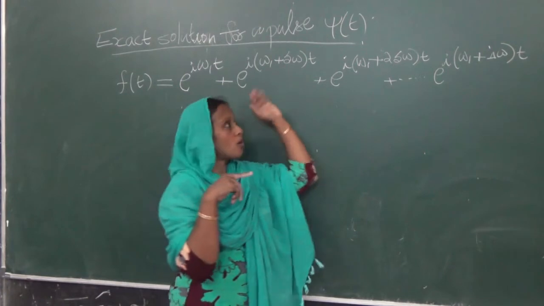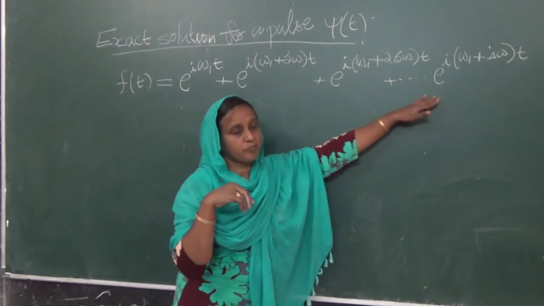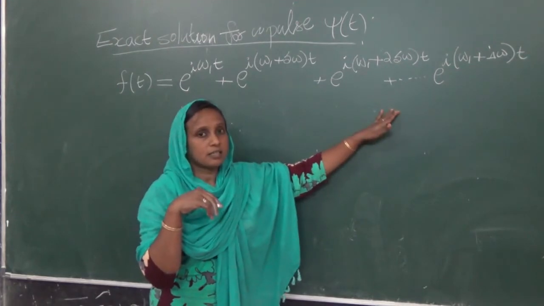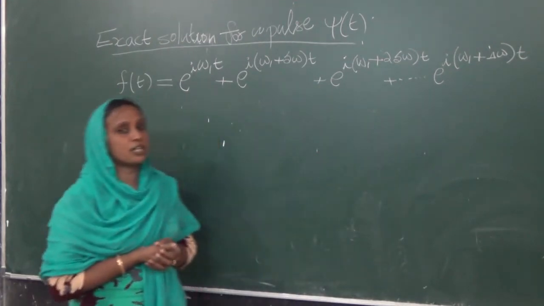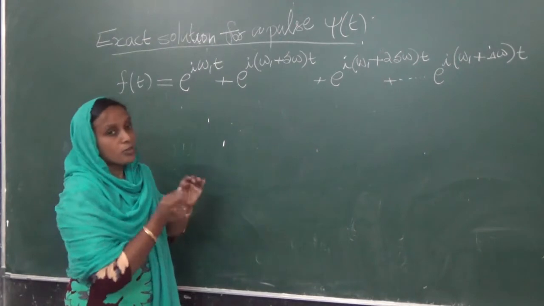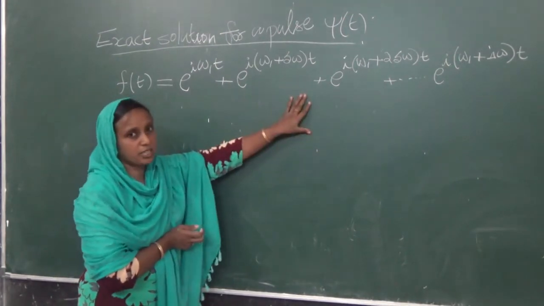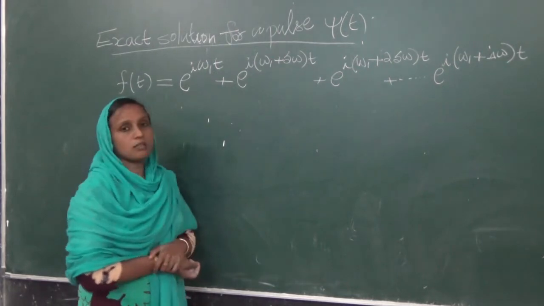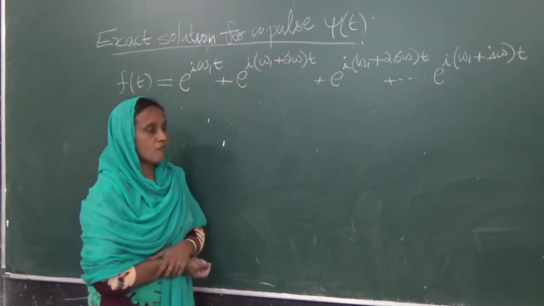Like that, the real part of all these components gives us the cosine part of equation 1. So we can simplify this expression first, then use its real part for simplifying equation 1.